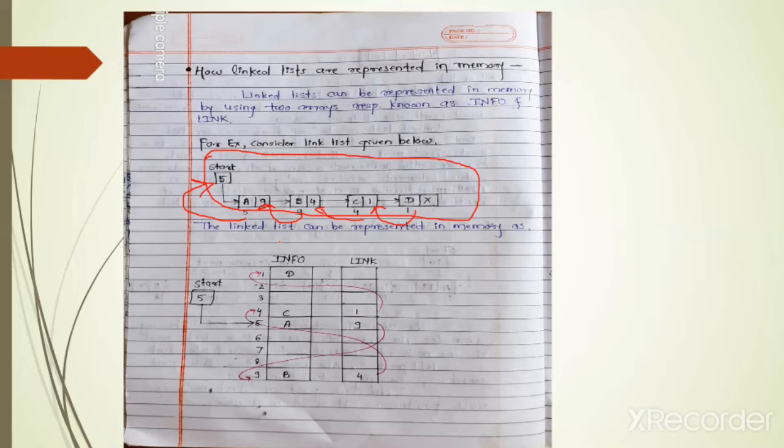Now this linked list can be represented in memory as there are two arrays. First array is info, second array is link. Now there are 9 memory blocks, 1 to 9.